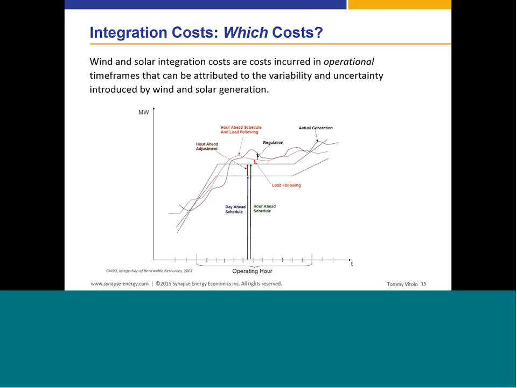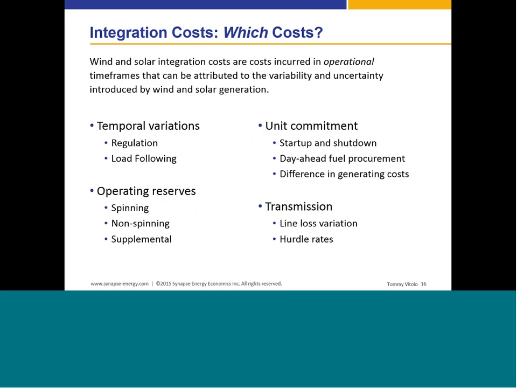And so when we do these studies, what we're asking is, because of the variability and uncertainty introduced by wind and solar generation, how does the cost associated with the resources used for this operational behavior differ? How does it get more expensive? That's what we're after.